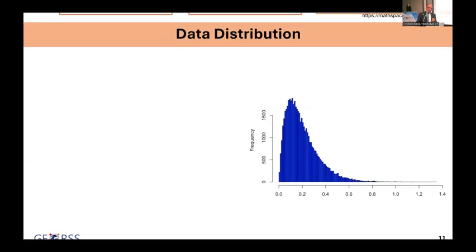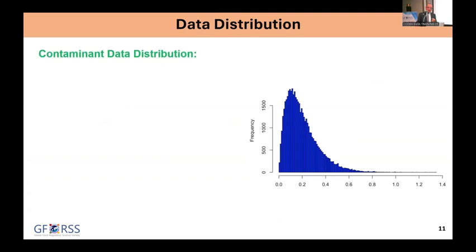We know that they follow the right skewed distribution, where the major part of our samples will be at a lower level and a few will be at the higher level.